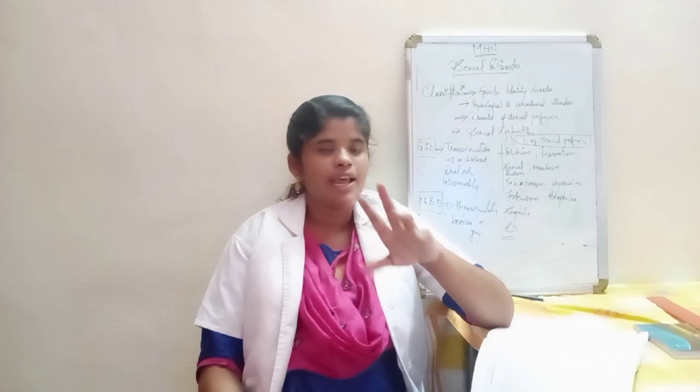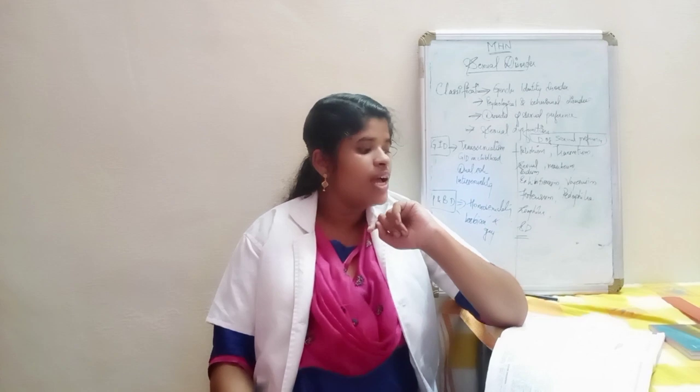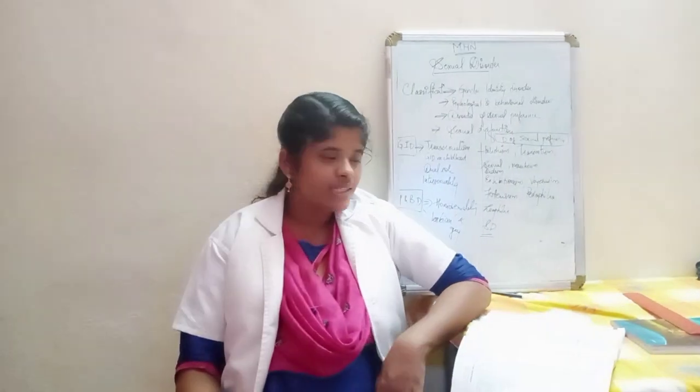It can happen for male as well as female at the time of coitus or intercourse. That is known as non-organic dyspareunia. The treatment is psychoanalysis, hypnosis, group therapy, and behavioral therapy.